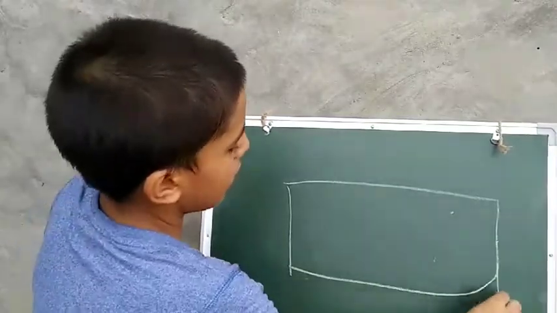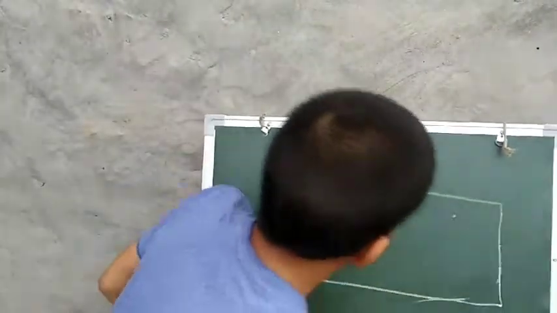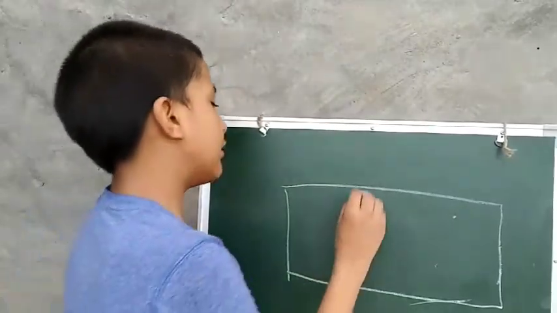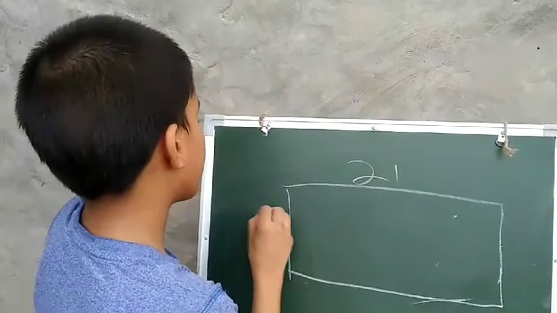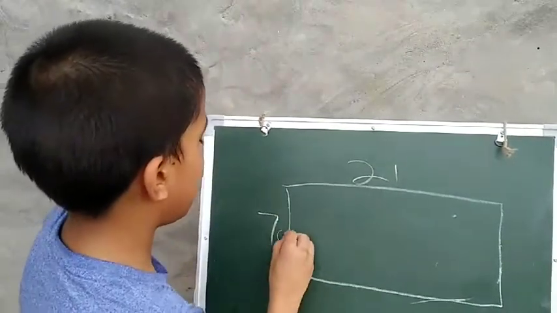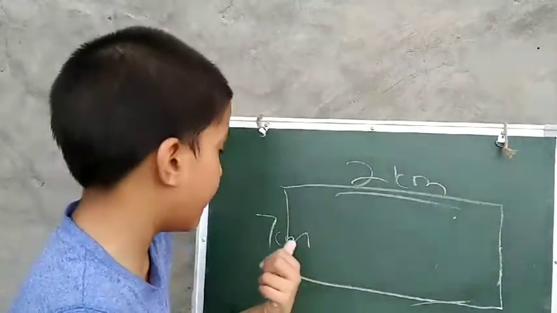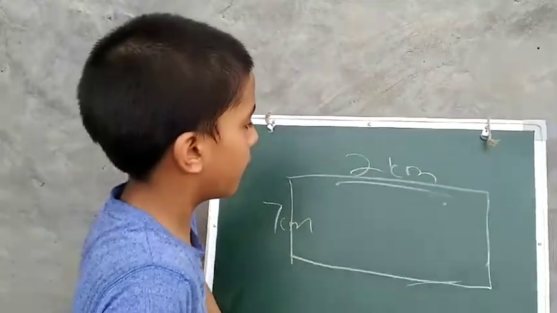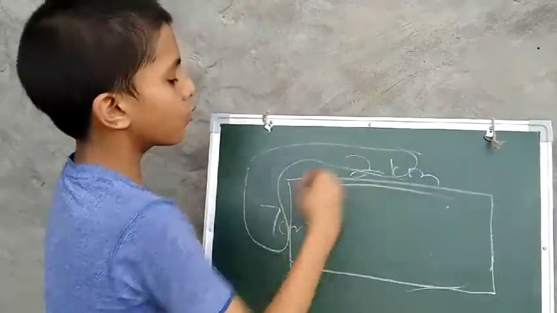If this is a rectangle, and the length is 21 cm, not chief minister, it is centimeter. This side is 7 cm.